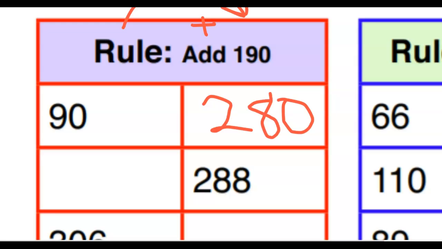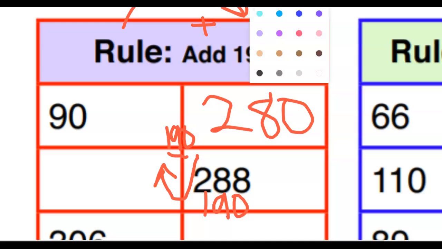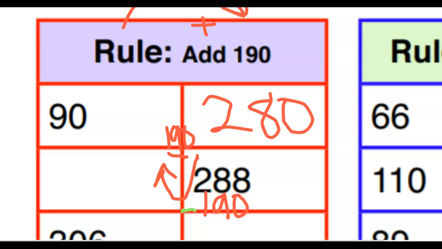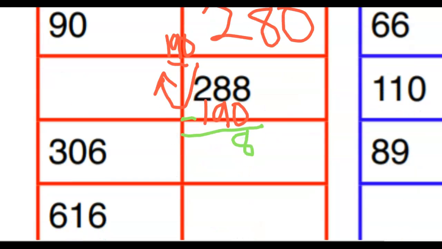Now we're going from out to in, so that means we change the sign. We're still using 190, but subtracting 190. I have to use different colors so you can see it. There we go. 8 minus 0 is 8. 8 minus 9.